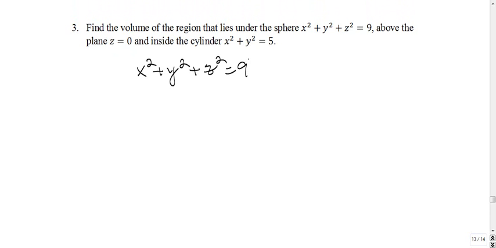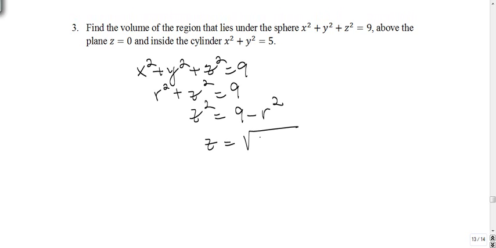Makes it a lot easier, okay? So r squared plus z squared equals 9. z squared is 9 minus r squared. So z is the square root of 9 minus r squared. We are only looking at the positive square root because it's above the plane z equals 0. That is why we did not take the negative into consideration. Good?